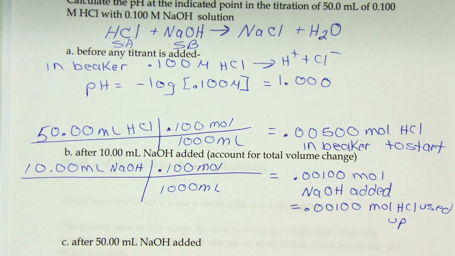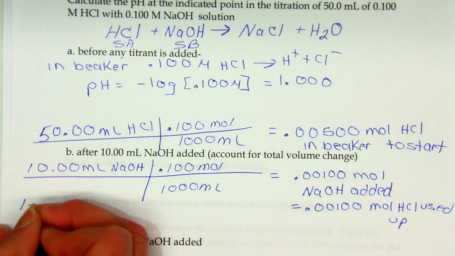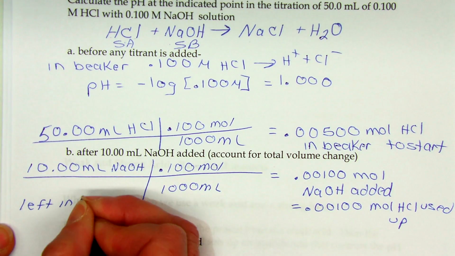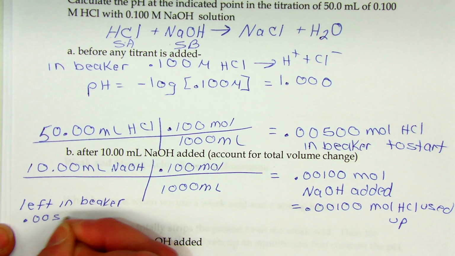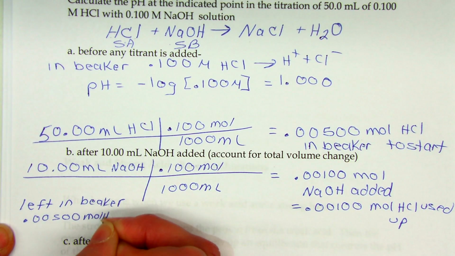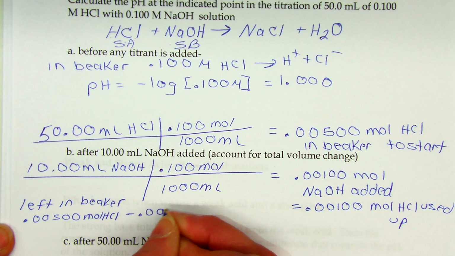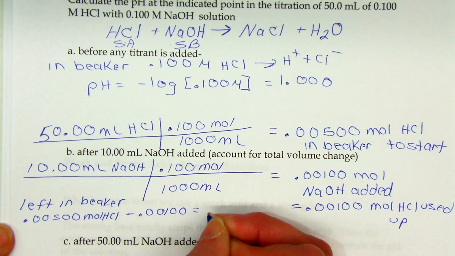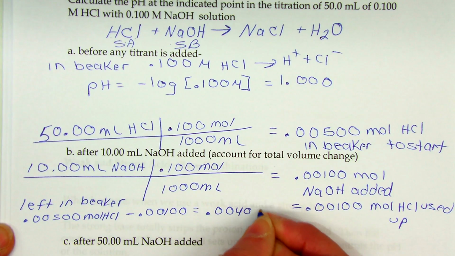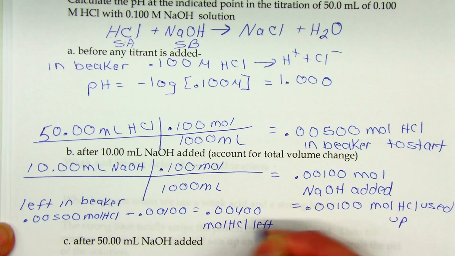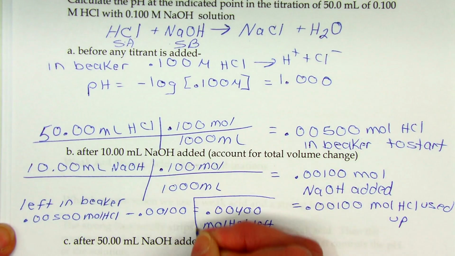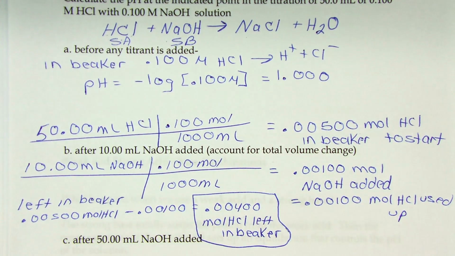So what's left in my beaker now? What's left in my beaker is I had 0.005 moles of HCl, but I used up 0.001, so I have 0.00400 moles of HCl left in the beaker. Now, this is moles of HCl. pH depends on what?